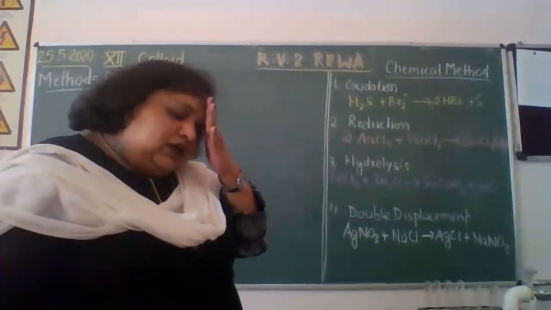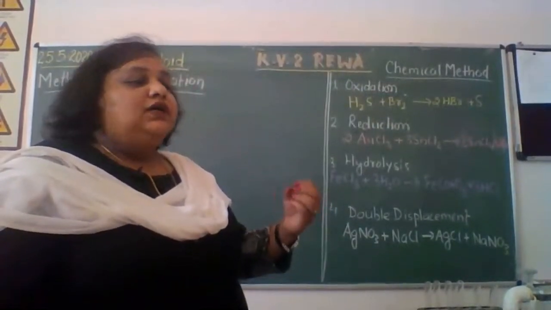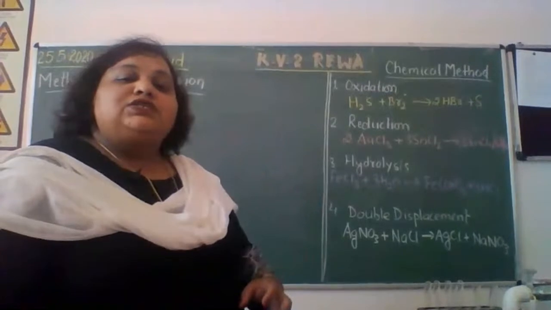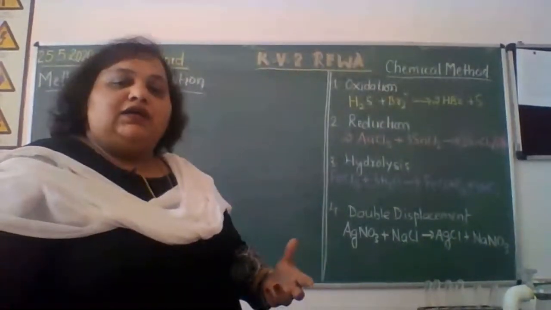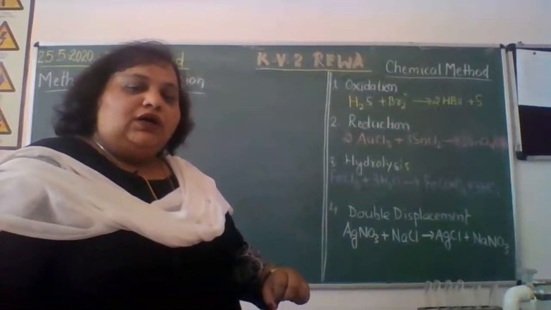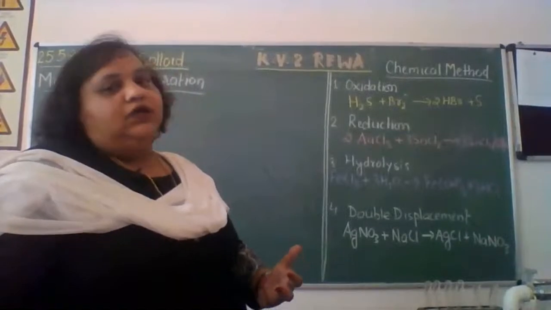And in the last session, I concluded with the classification based on the size of the particle, and I took 3 categories there. One was macromolecular, where the particle size itself was in the range of the colloid.